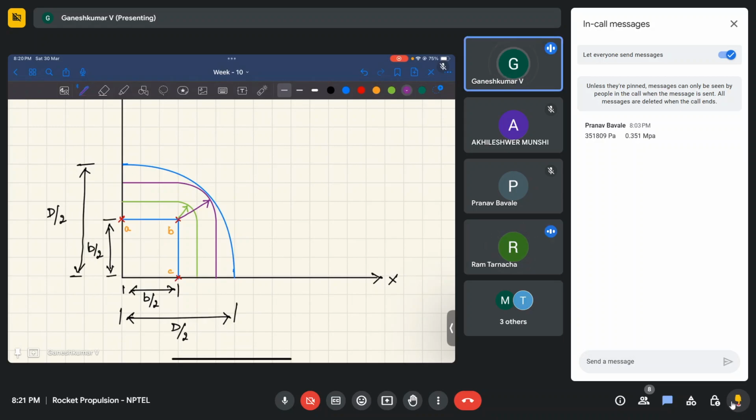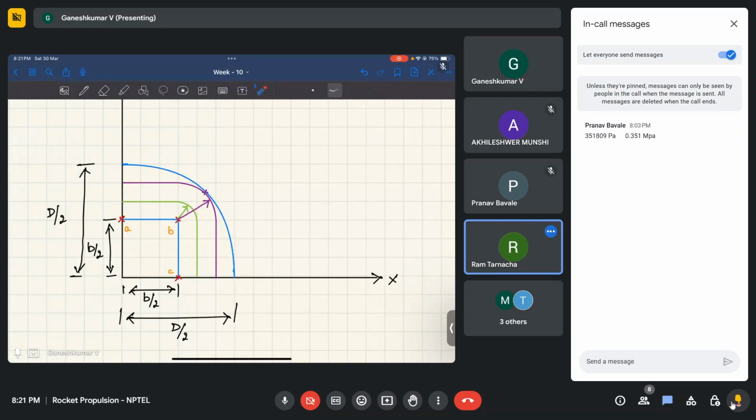As soon as it coincides, you will have a maximum burning area there, because after that there is no way this curved surface can regress, because it has already reached the outer surface area. So the radius here and the radius here are going to be different, and hence while you calculate you should take care of this radius properly.